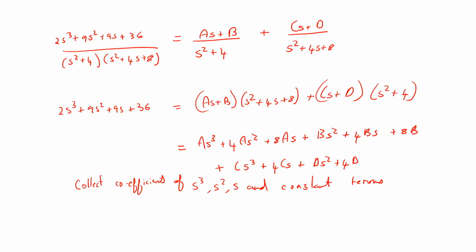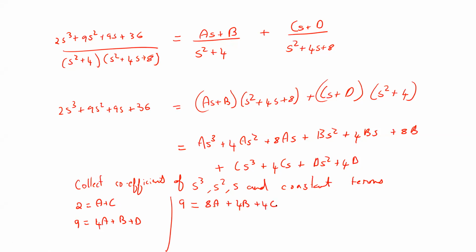So the s cube coefficient is 2 on the left hand side and A and C on the right hand side. The s square coefficient is 9 on the left hand side, and we have 4A plus B plus D on the right hand side. The s coefficient is 9 on the left hand side, and we have 8A plus 4B plus 4C on the right hand side.